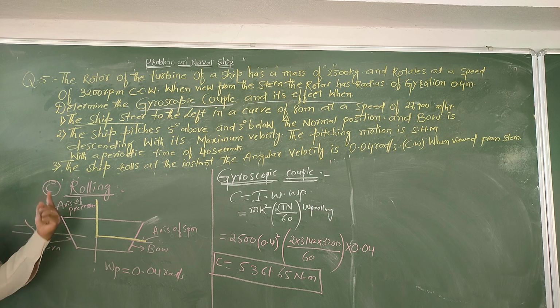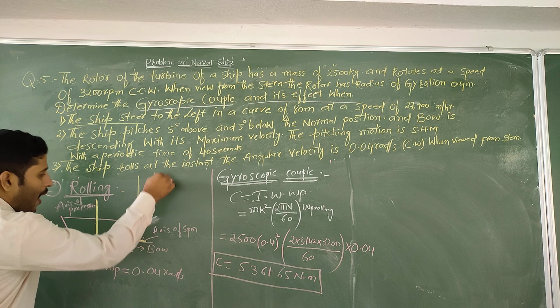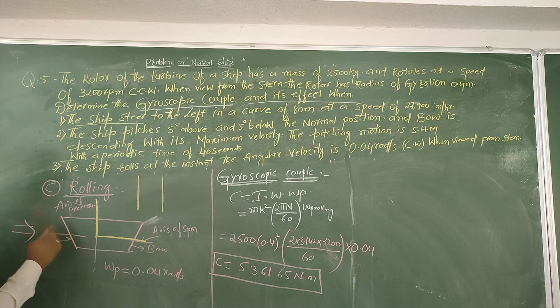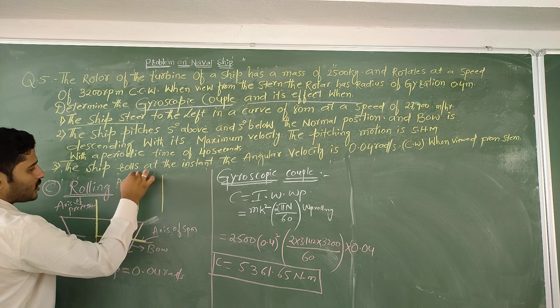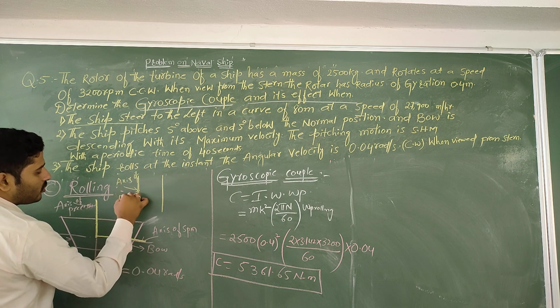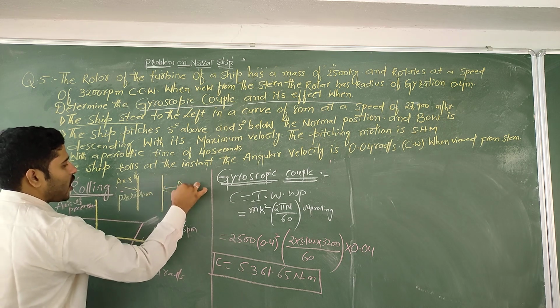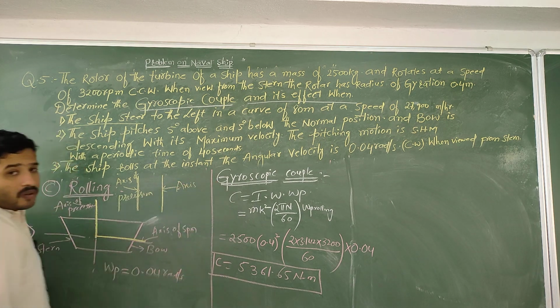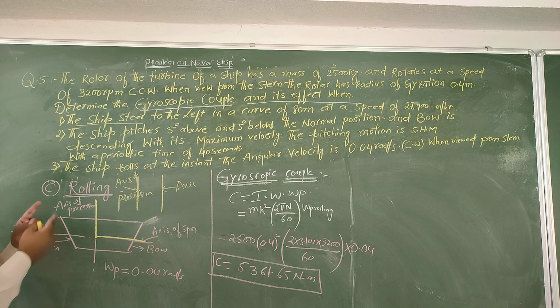But in the case of rolling, the axis of precession is parallel to the axis of spin. So such a setup is not available during the rolling, which means there is no gyroscopic effect during the rolling operation.